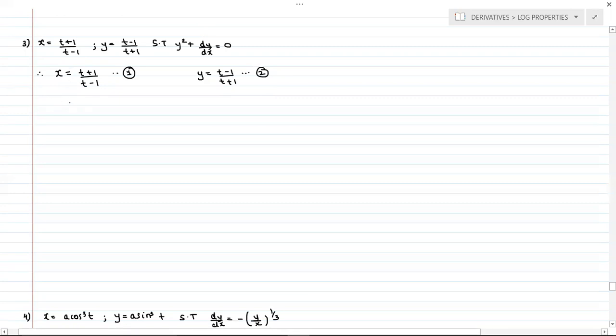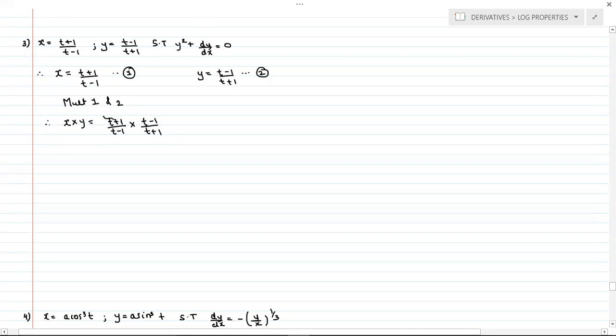After this, focus on this step. Simply I will multiply equation number 1 and equation number 2. When you multiply, on the left hand side you will get x into y. On the right hand side, you will get t plus 1 upon t minus 1 into t minus 1 upon t plus 1.